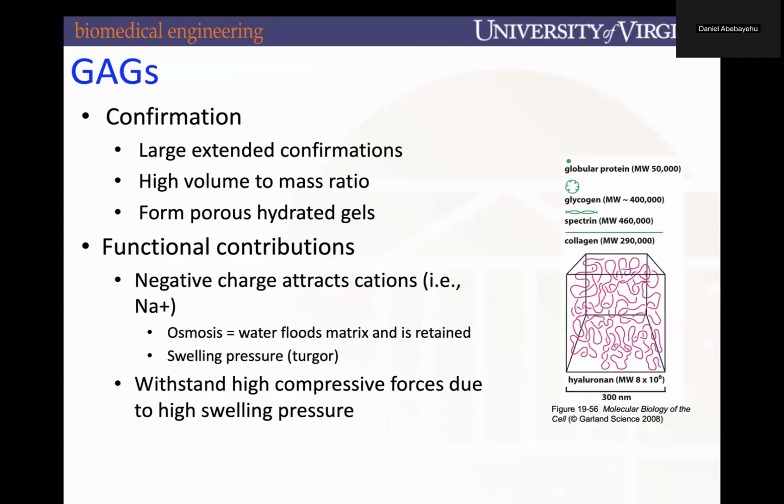So in your cartilage, when there's compression, water is pushed out, and then there's an osmotic pressure to drive that water back in to resist that compression. So the two key features that facilitate GAG's function in responding to compression are that high negative charge, as well as this high osmotic pressure that drives water back in to resist compression, particularly in cartilage.